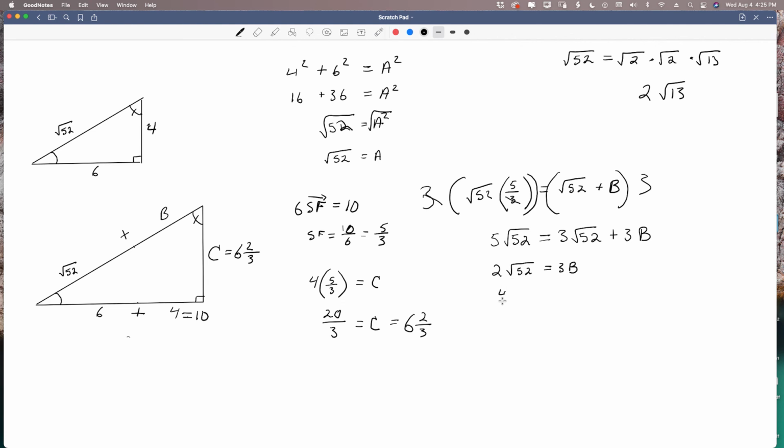So that's 4 times the square root of 13, right? And that is equal to 3b. Now that this is completely simplified, we just divide both sides by 3, and that's going to be 4 times the square root of 13 divided by 3 equals b. That's as far as we can go. That is all that we can do for b.